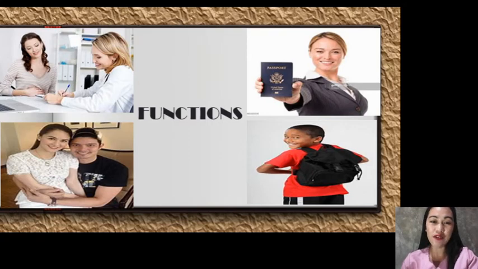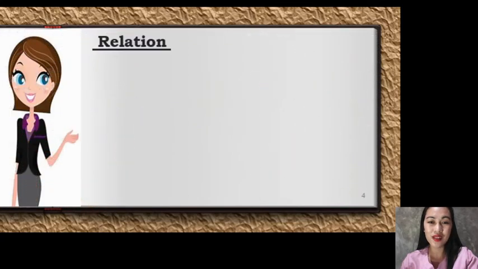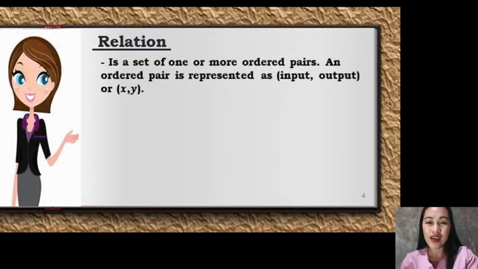So let us now define relations and functions. A relation is a set of one or more ordered pairs. An ordered pair is represented as input, output, or x, y.